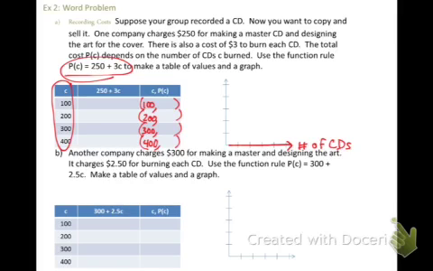And the Y, or your answer to all the math, this part right here is going to be the cost.